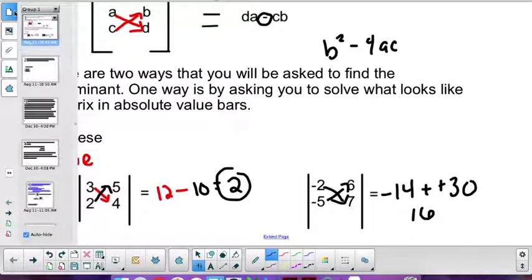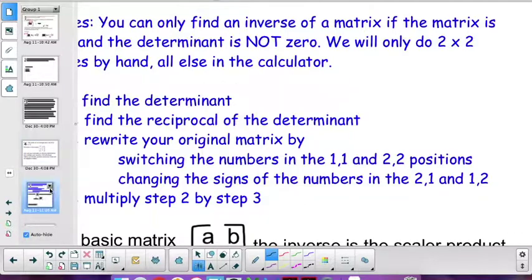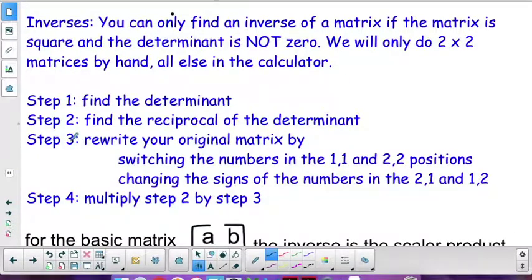Okay, so why is this important? Because we need it to find an inverse. We can only have an inverse if our matrix actually has a determinant.